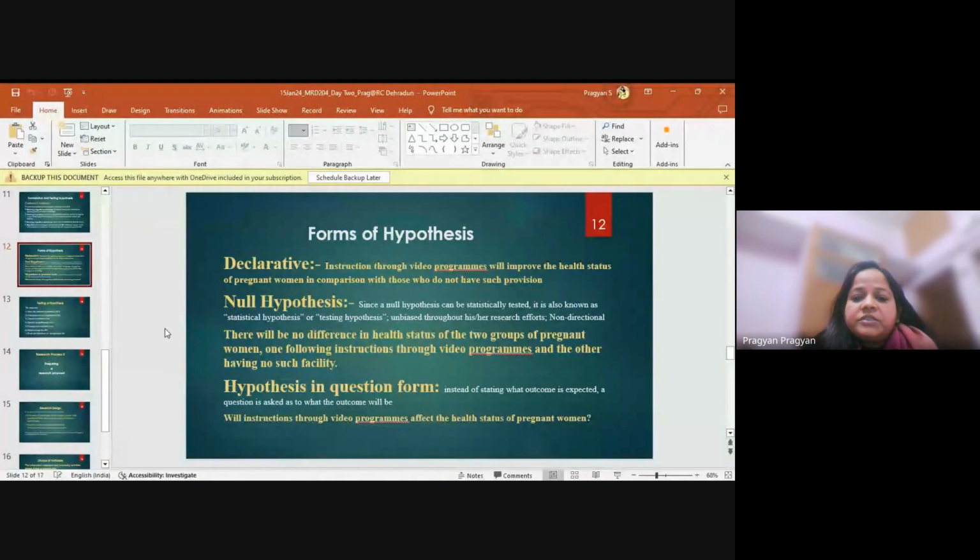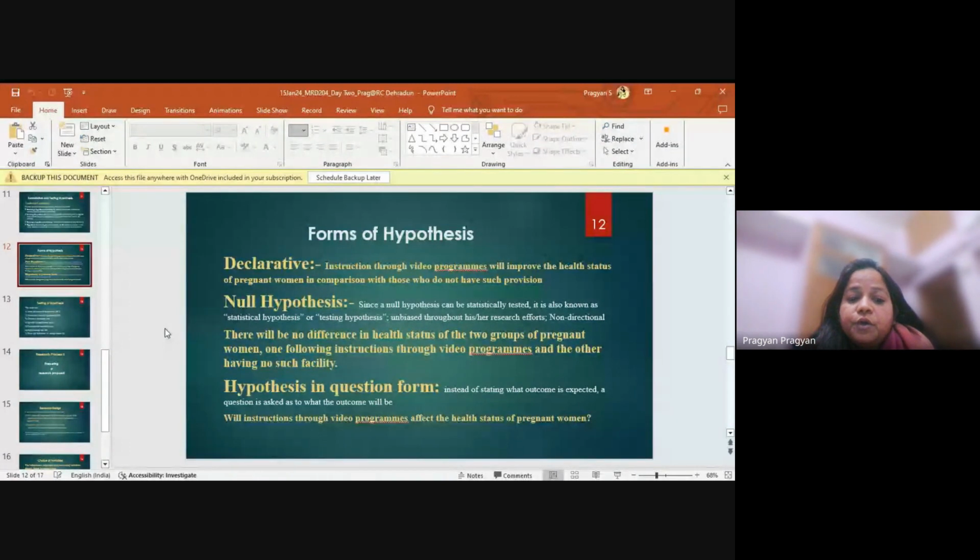Then, the same relationship of variables can be composed in a question form. Then we call it hypothesis in question form. That means we are not stating the possibility of the relationship of those variables in a clear-cut statement.